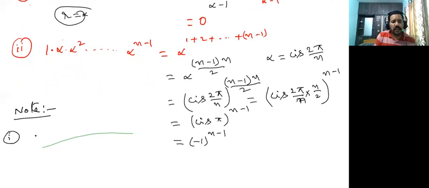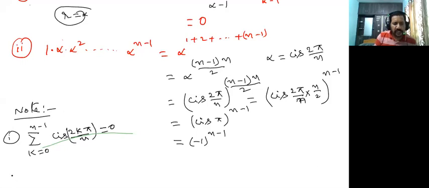First one, sum of nth roots of unity: sigma k is equal to 0 to n minus 1 of cis 2k pi by n. That value is 0.